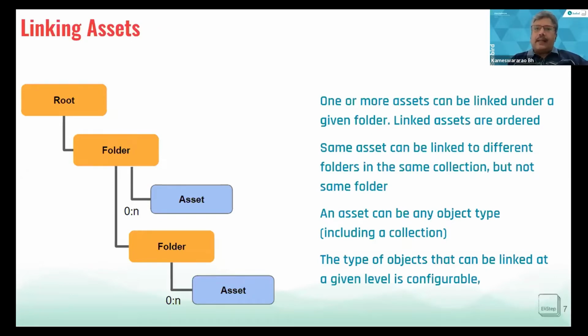And the type of objects that you want to link at a given level can also be configured or defined, right? For example, if you are creating a collection category which you call a question paper, right? And all the objects within that question paper collection, you might want to restrict to be questions or question sets, right? So that's something that you can configure as part of the collection category definition.